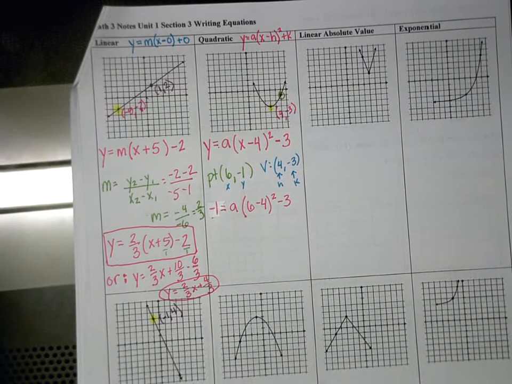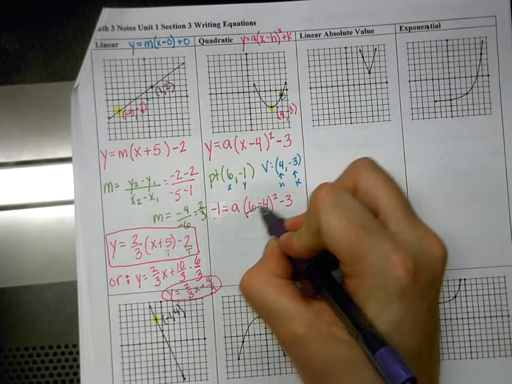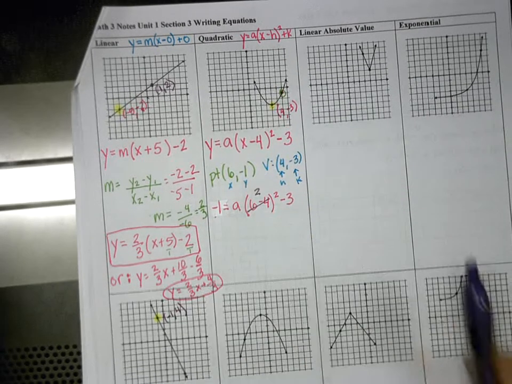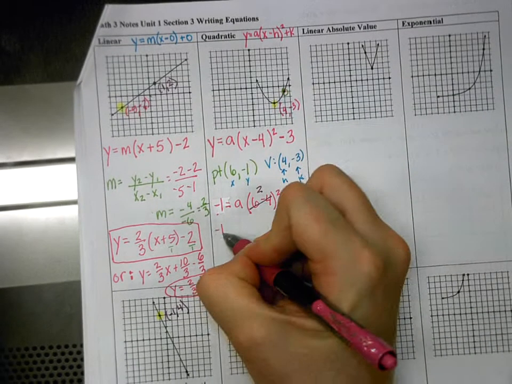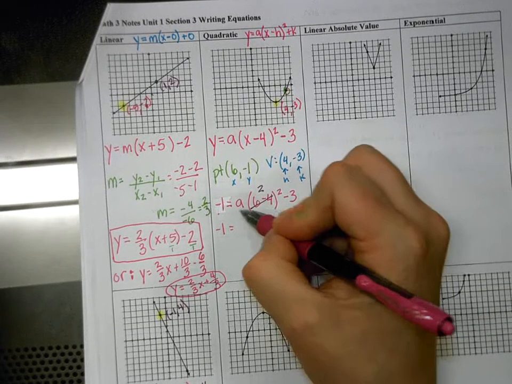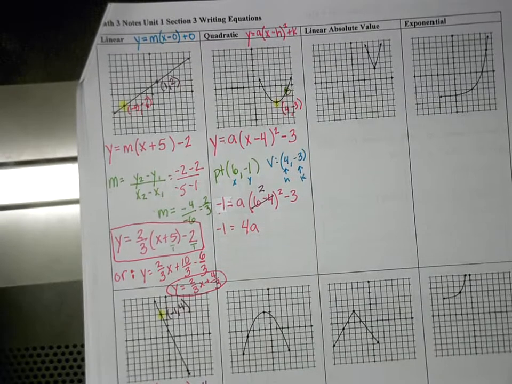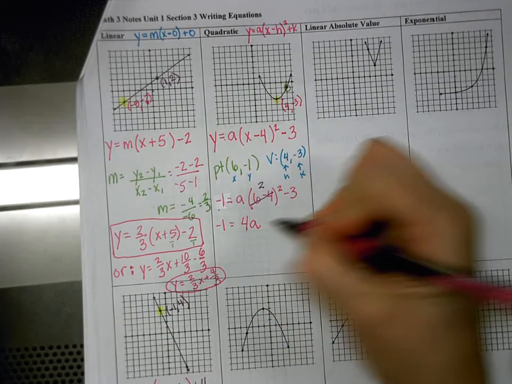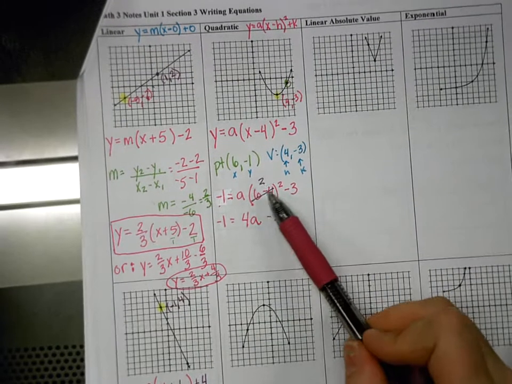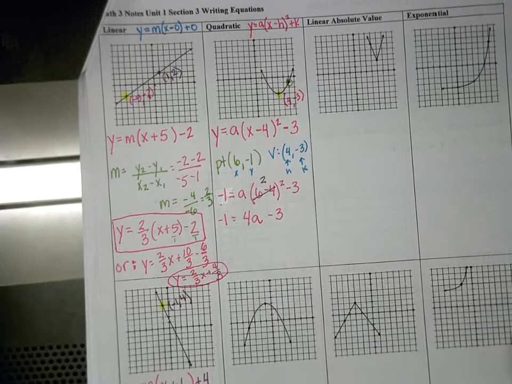And now we can start simplifying. 6 minus 4 is 2. And I know what 2 squared is, so we're just going to skip ahead to do 2 squared times a. 2 squared is 4. So I get 4 times a minus 3. How can I start solving for a?